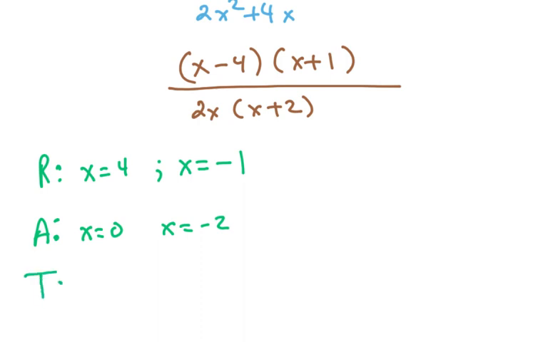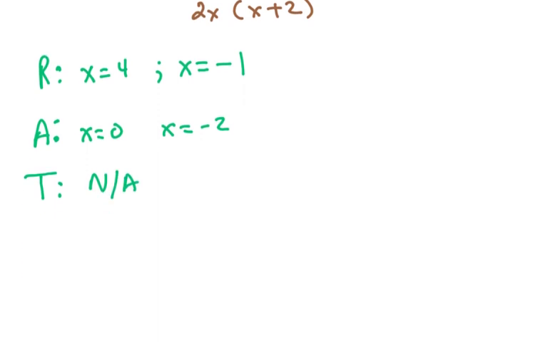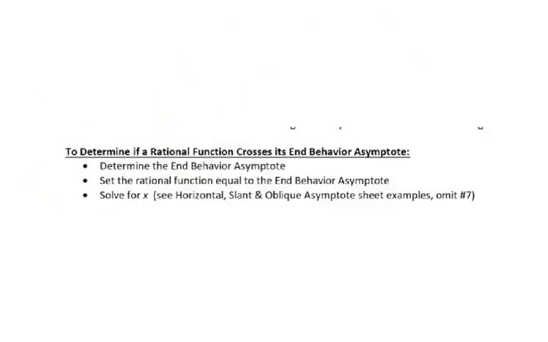Then we have t, which is togetherness, and so that has to deal with whether the numerator and denominator have even roots, or the denominator has an even factor in there. That's not going on, so I'm just going to go with NA, not applicable. Okay, what's the next one?